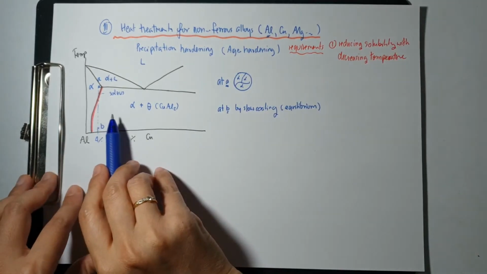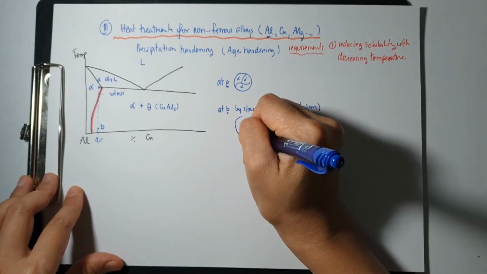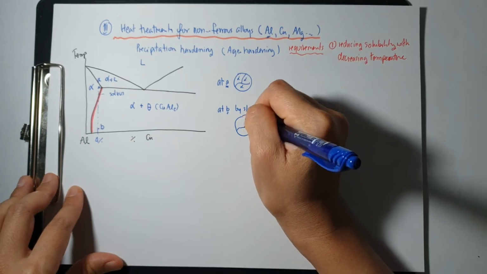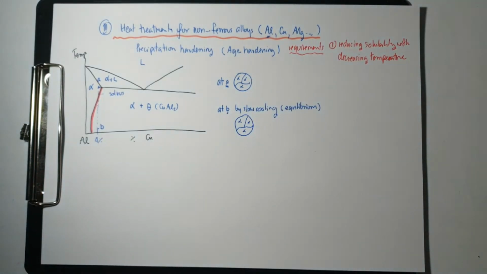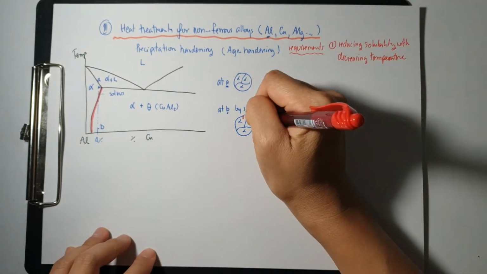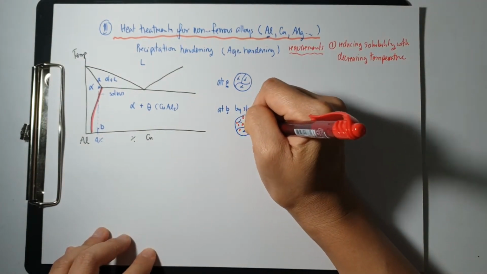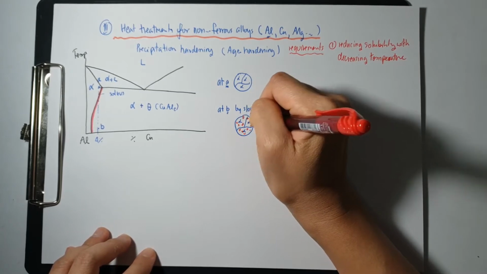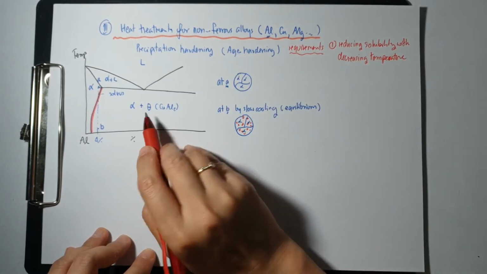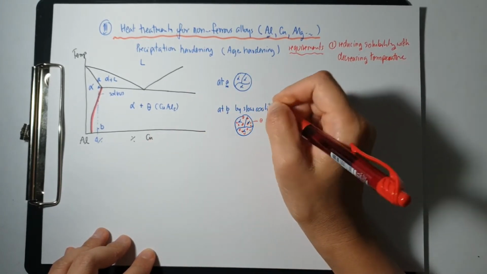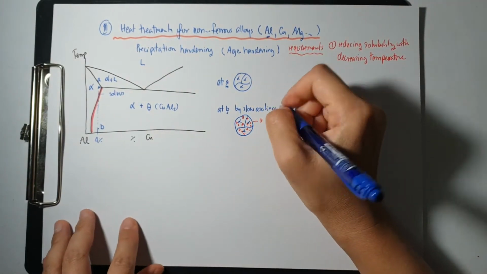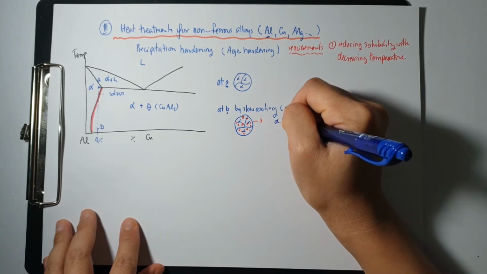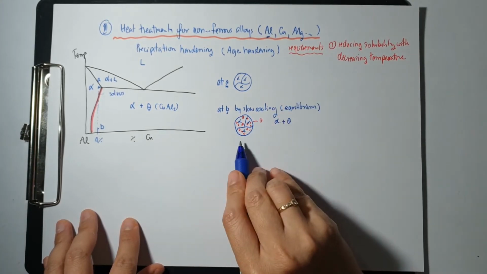Now in equilibrium at point B, we can't have just the alpha phase, can we? What we have now is the theta phase, or the second phase precipitates out. So we have a phase consisting of alpha solid solution and the theta phase.